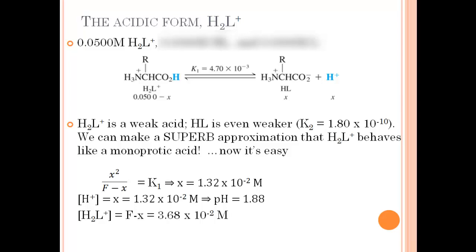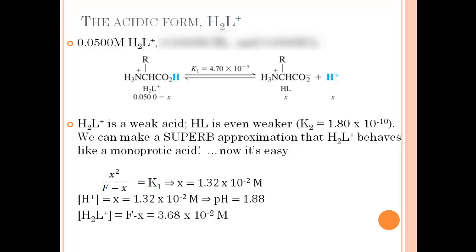You plug all that in, you solve for x using your quadratic equation, and there you go. You get your x equal to 1.32 times 10 to the negative second molar. That is the concentration of H+. So to find the pH of that, you just take the negative log of that value, and you get 1.88. From that, you can figure out what the concentration of H2L+ is, which of course is F minus x.